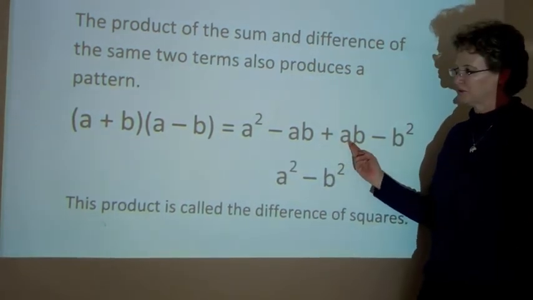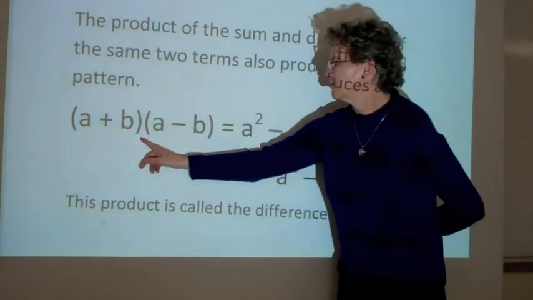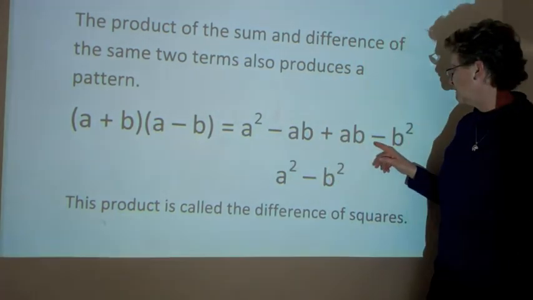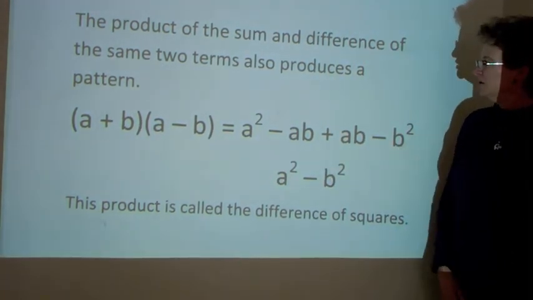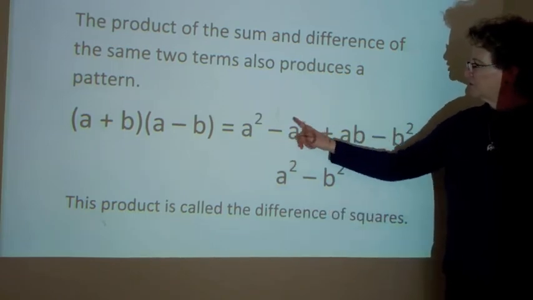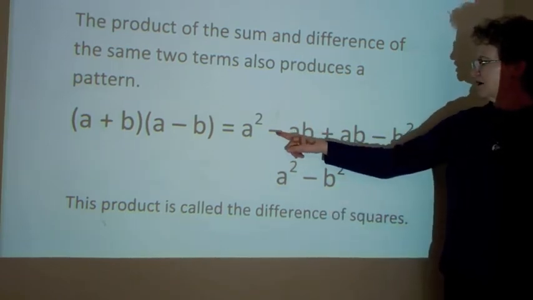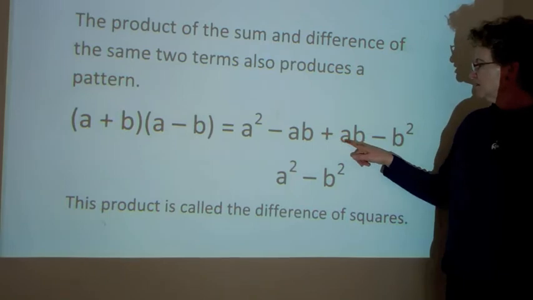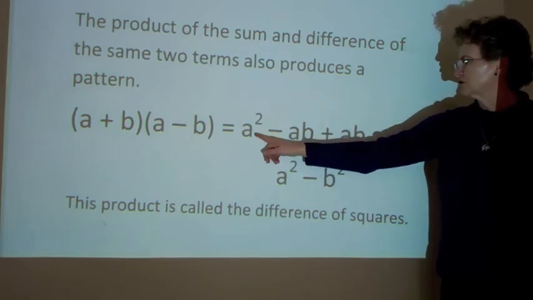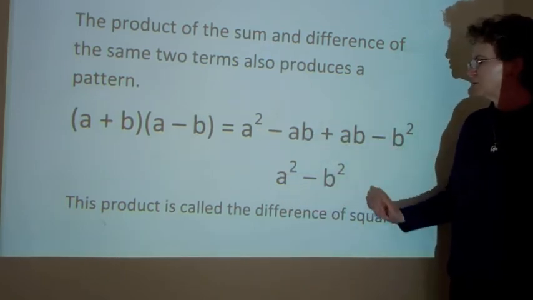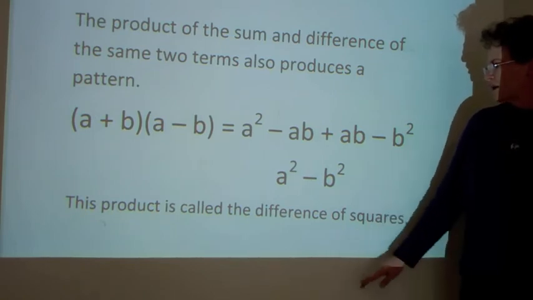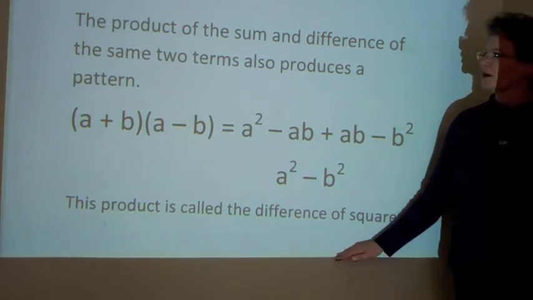I just remember order doesn't matter. And then if I take my b times my negative b, I get negative b squared. When I simplify, my two middle terms, minus ab plus ab, cancel each other out, so I'm just left with a squared minus b squared. This product is called the difference of squares.